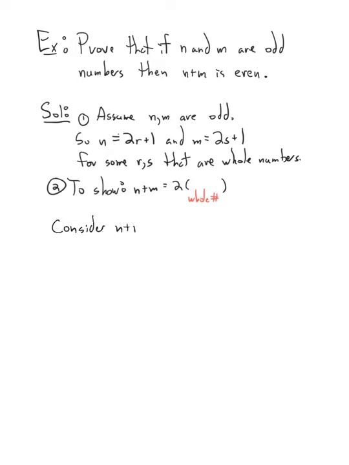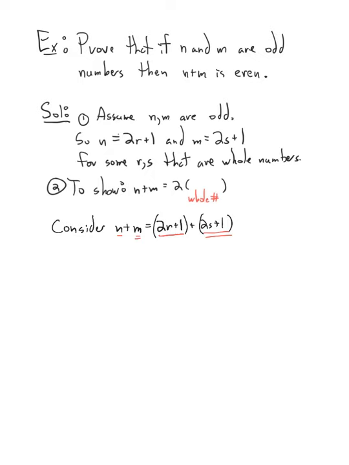N plus m. Well, n is 2r plus 1. M is 2s plus 1. And note, I don't really need these brackets here because it's just a bunch of things added together. But I put them in there just to indicate that n goes with 2r plus 1, and m goes with 2s plus 1, so it's a little bit easier for the reader to follow along.